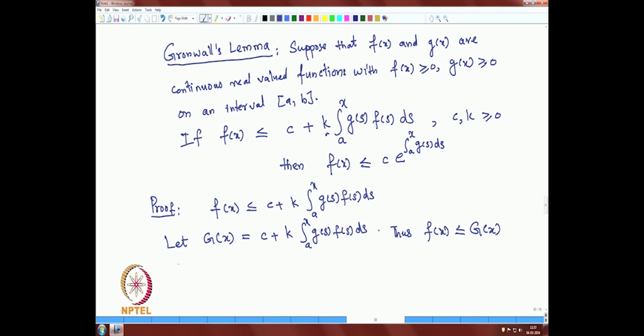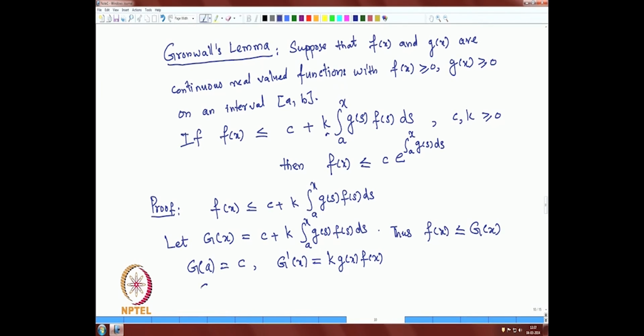And also G(a), if you evaluate G at a, integral from a to a is 0, which is just c. And if you differentiate, G'(x) is equal to, if we use the Leibniz formula and differentiate this integral, the first part is 0, then k times g(x) f(x).